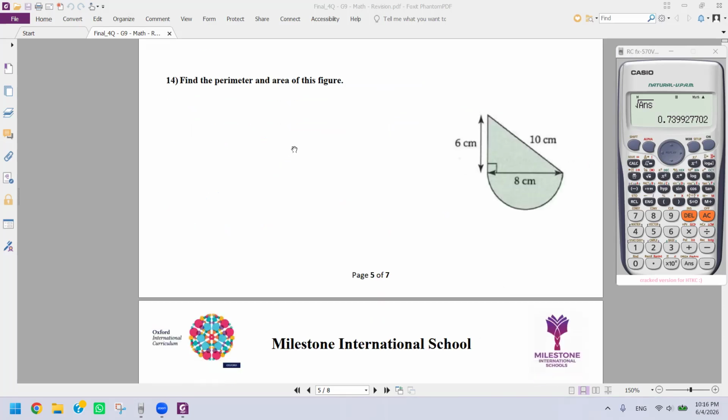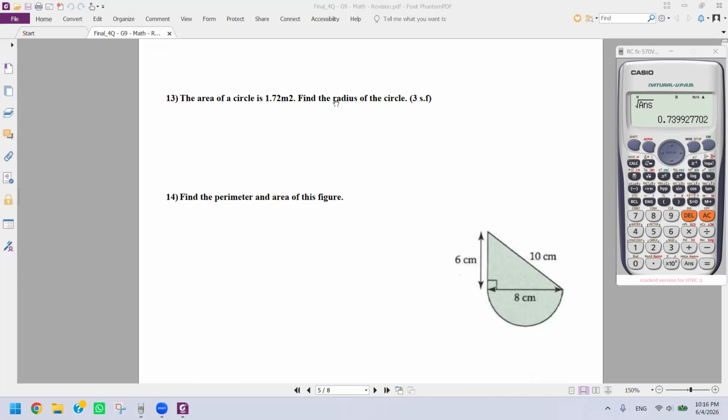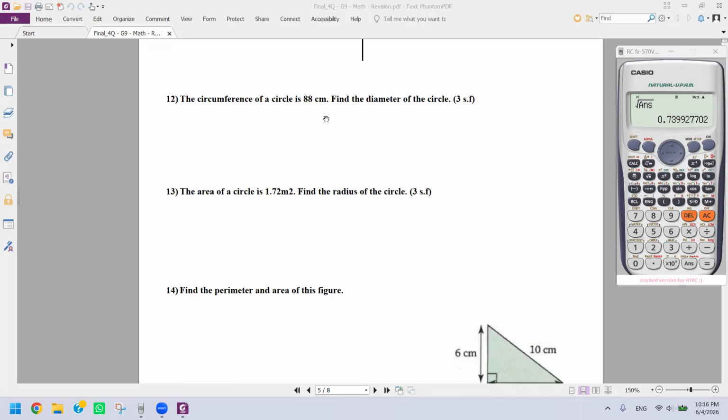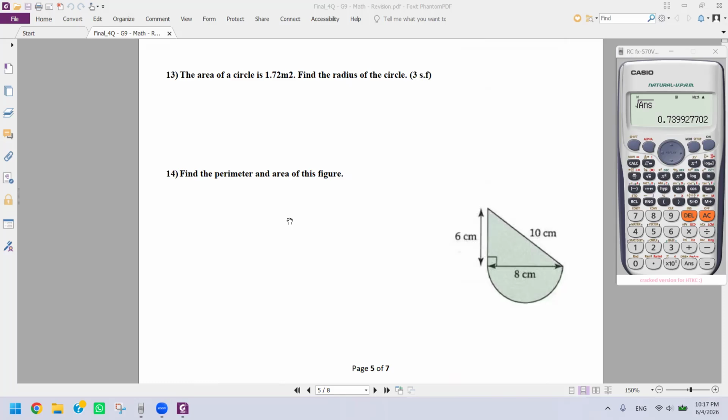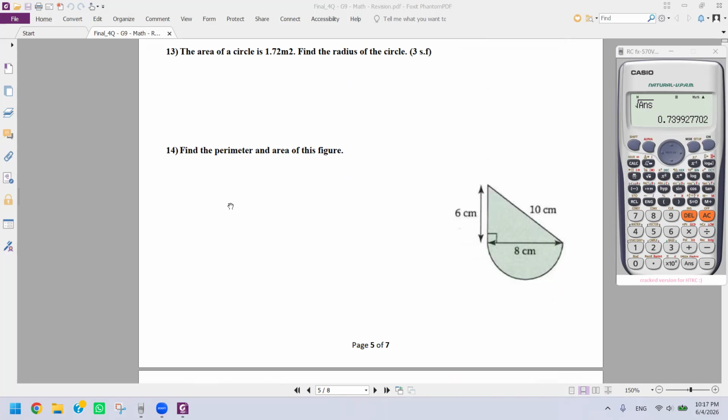Next question. We have this shape. It says, find the perimeter and area of this figure. Was it in terms of pi? No, this one. So if it's not mentioned, we make it three significant figures. Okay, what is perimeter? Perimeter is we add all the sides.